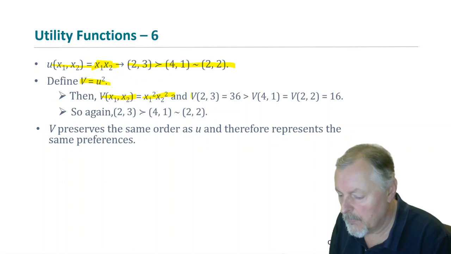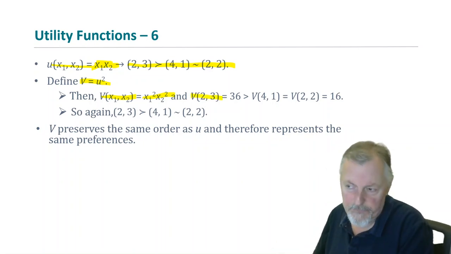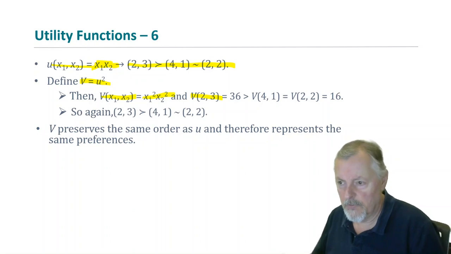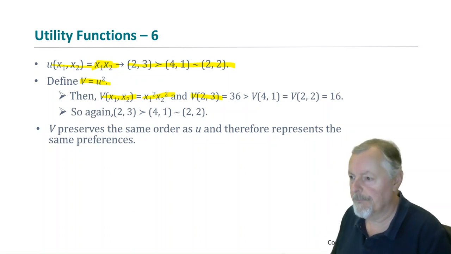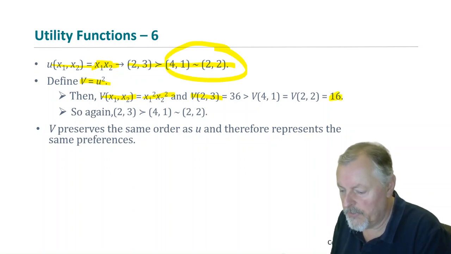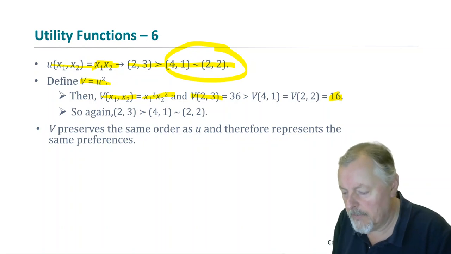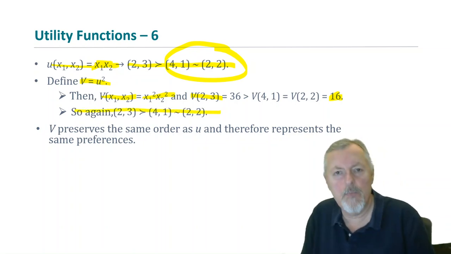So, the utility in this utility function of 2 of the first thing and 3 of the second would equal 36. And the utility of these 2 would each be 16. Well, again, it orders them the same way.